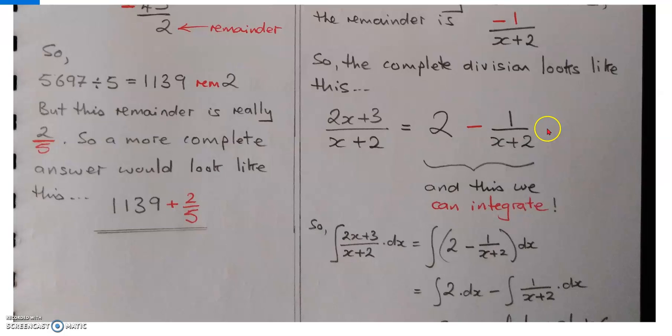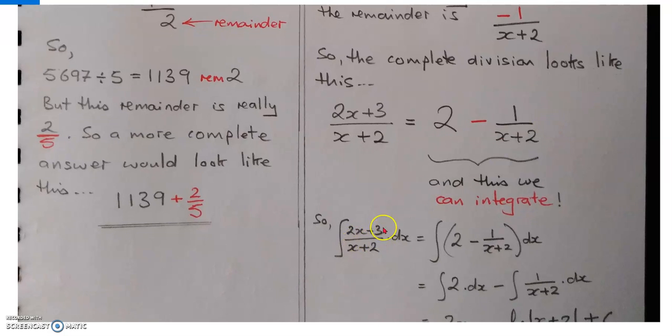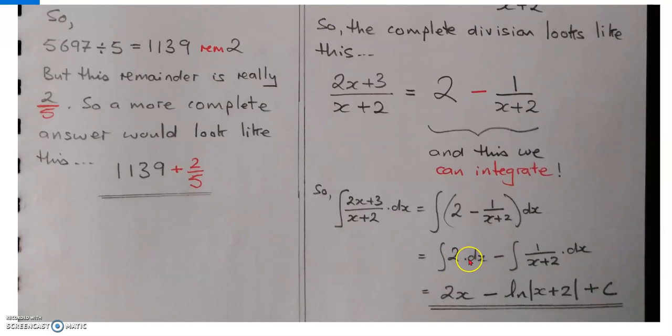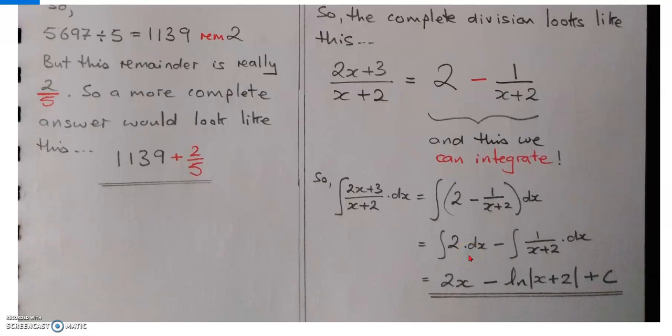Okay, so there it is. What I'm doing is I'm rewriting the integrand here into that form there. And this, of course, is two separate integrations. It's the integration of 2 dx, which is going to give me 2x. And then I'm going to integrate this 1 over x plus 2.